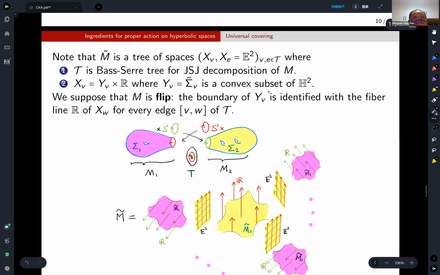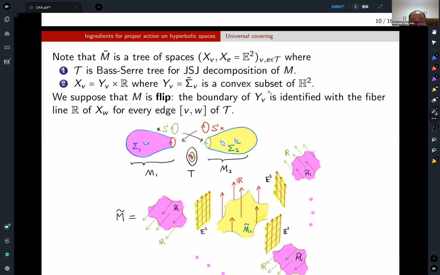So the universal covering of this graph manifold is just a tree of spaces. Each vertex space is just the direct product of a convex subset with R, and they are glued along this Bass-Serre tree.